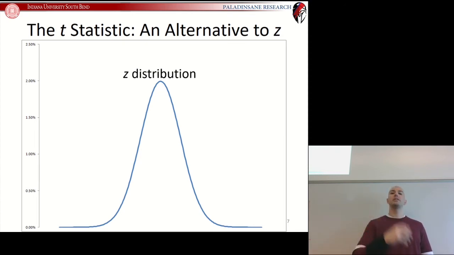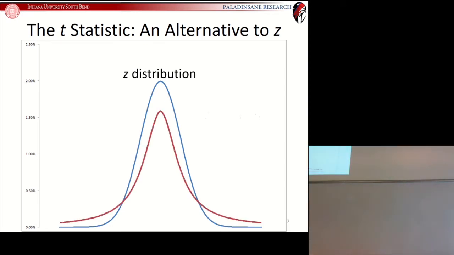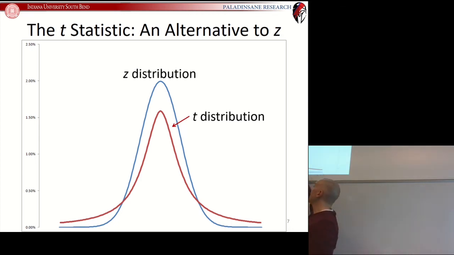Basically, the only thing that's changed is our distribution looks like this now, and it's not a z distribution, it's a t distribution. And the big difference between a z distribution and a t distribution is because a t distribution is using an estimate of variability, it tends to have more weight in the tails than the z distribution.